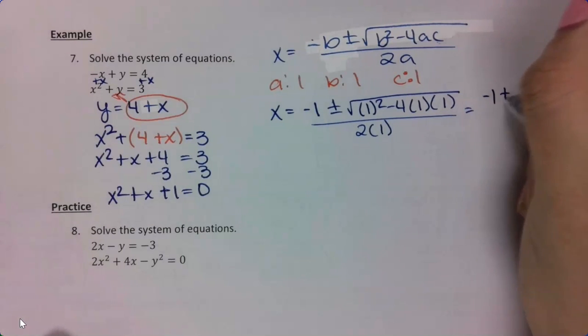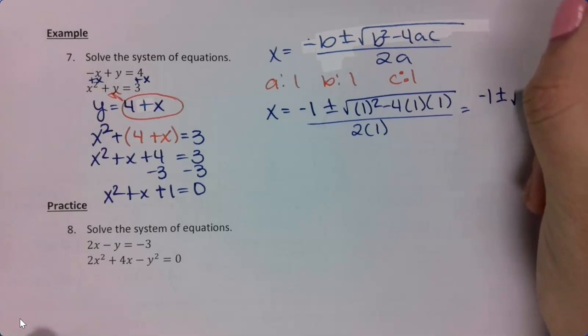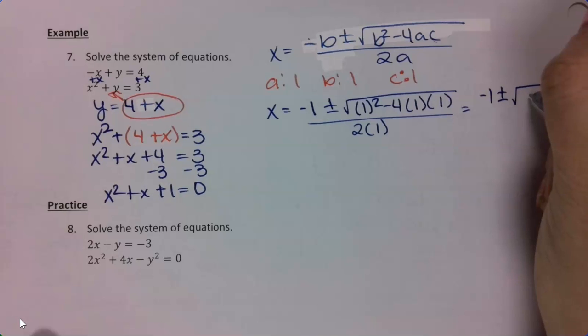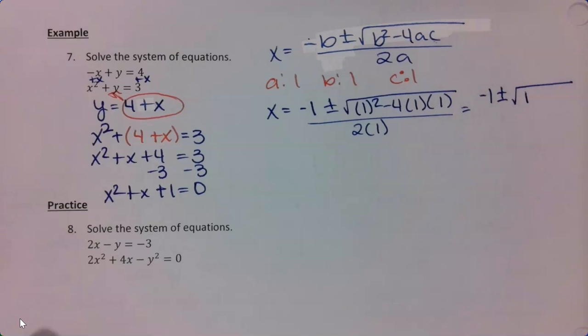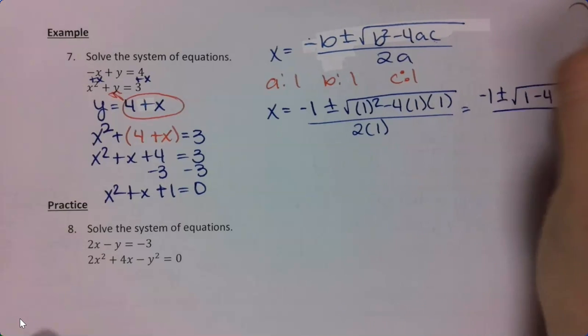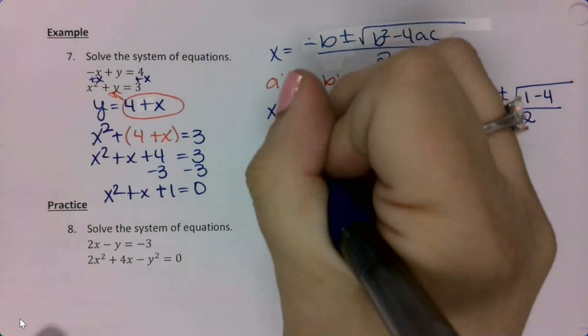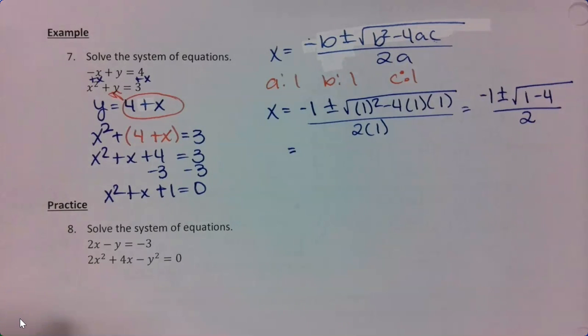I still have this negative 1 out front. What is 1 squared? Negative 4 times 1 times 1. And 2 times 1 is 2. What's the square root of 1? What's 1 minus 4?